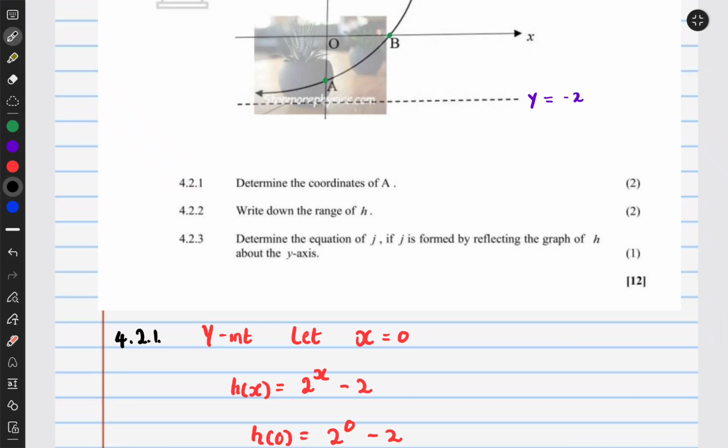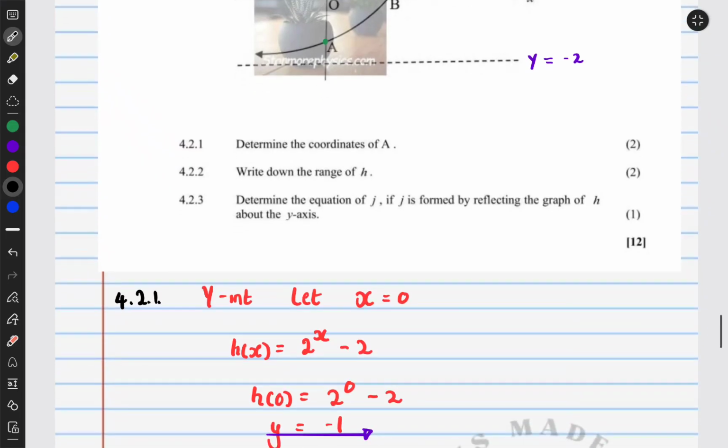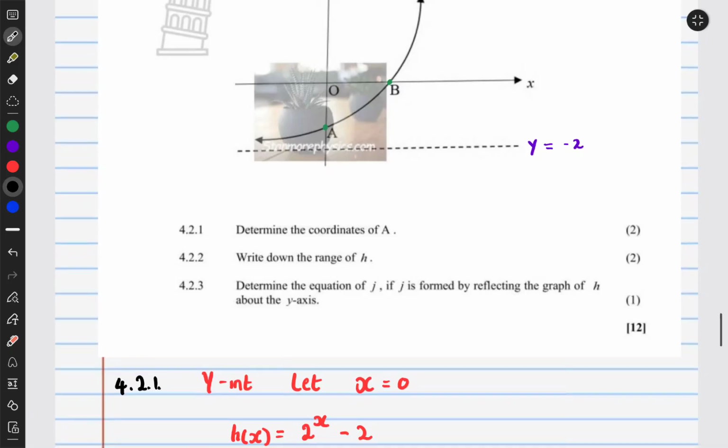So for 4.2.3, we also determine the equation of j. j is formed by reflecting the graph of h about the y-axis.